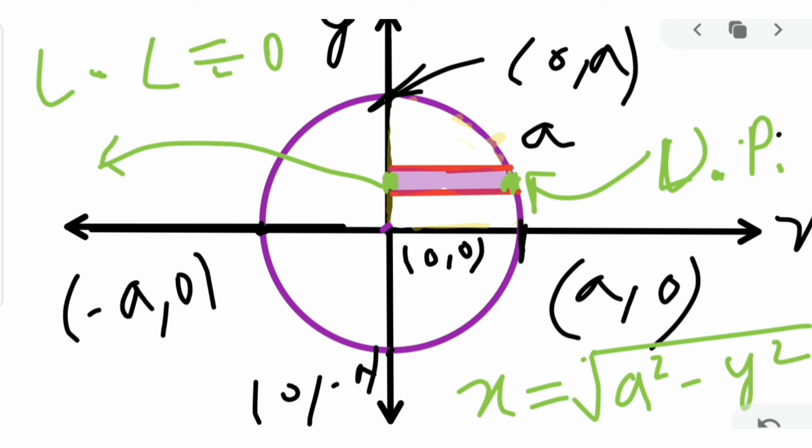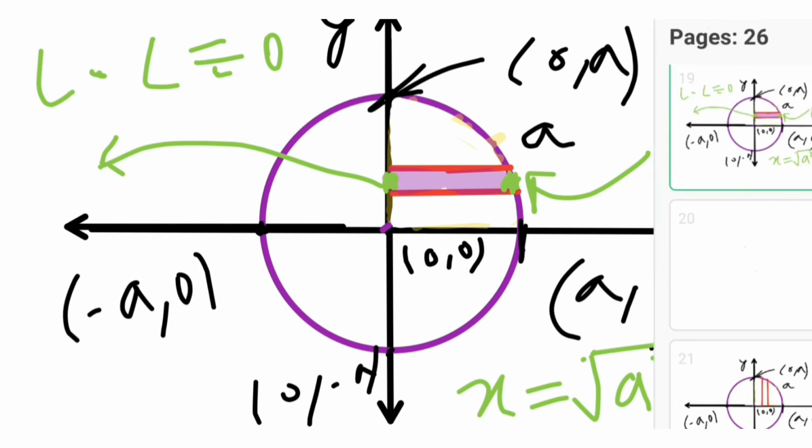Okay, and now we need to integrate this horizontal strip over this region. So the outer limit will be from here 0 to here a. The limits of y will be from 0 to a.